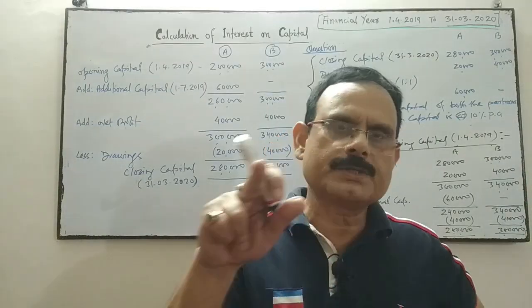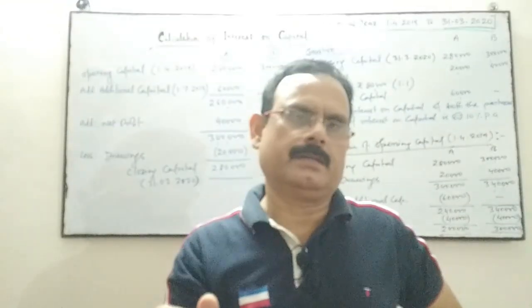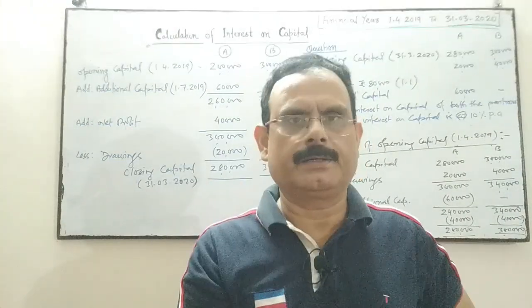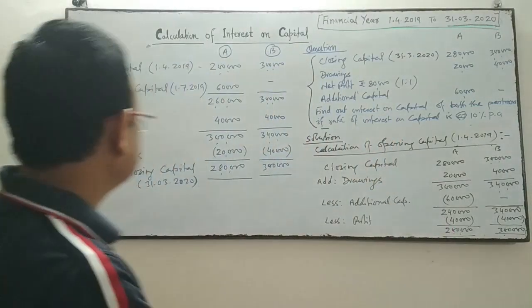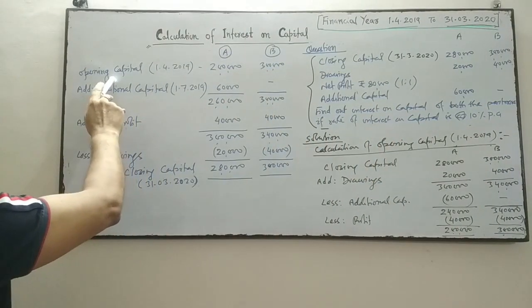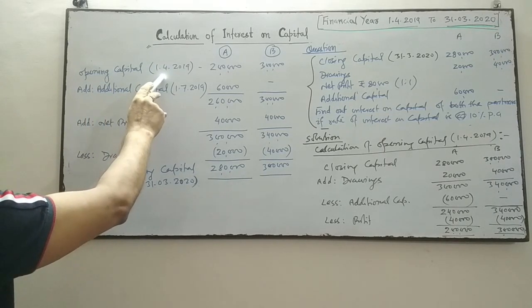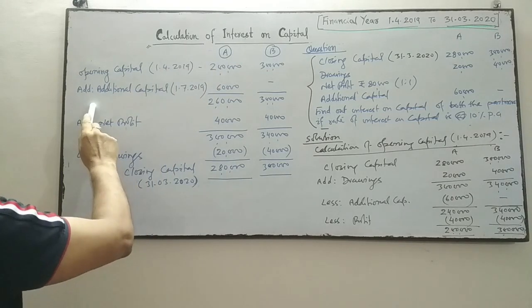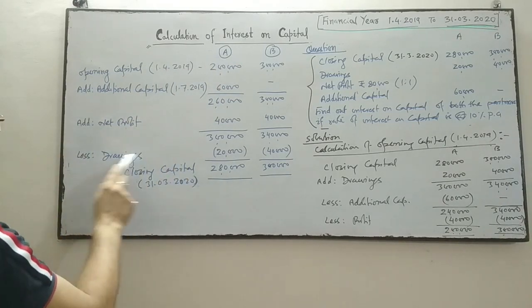So if the closing capital is given, first of all, we will find out the opening capital. So we'll do the reverse treatment. For instance, in class 11th, opening capital, suppose 1st April 2019 capital is this, then additional capital, add net profit, less drawings.